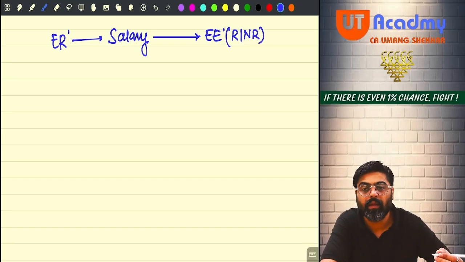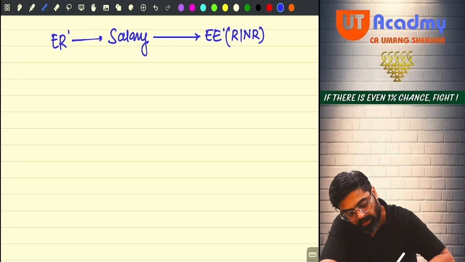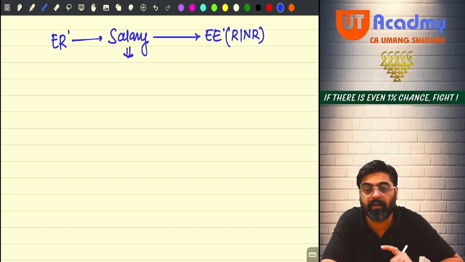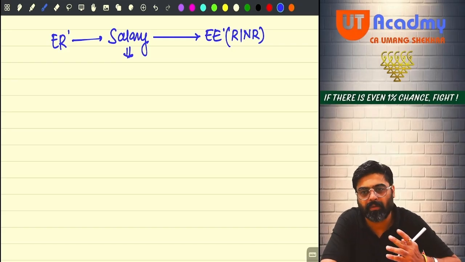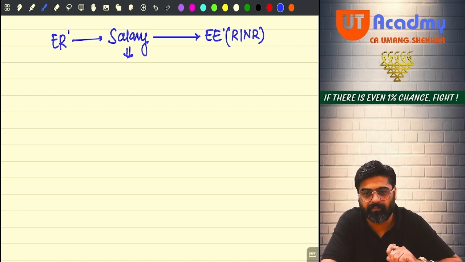Whenever the employer will give salary, for the employer it is an expense which the employer will claim as a deduction under the PGBP head. Employer will claim this as a deduction under PGBP. And for the employee, it is his salary income, which the employee will show under the head salary.